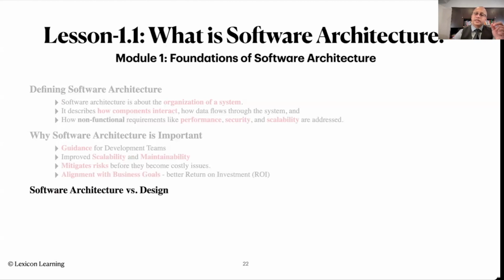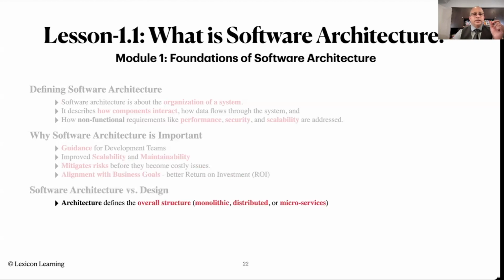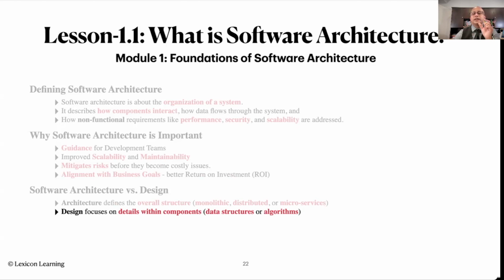What is software architecture and what is design? There is difference. Architecture is an overall structure, like a product is monolithic, distributed, or microservice based. And design is the details, with components and their algorithm and data structure used in it.